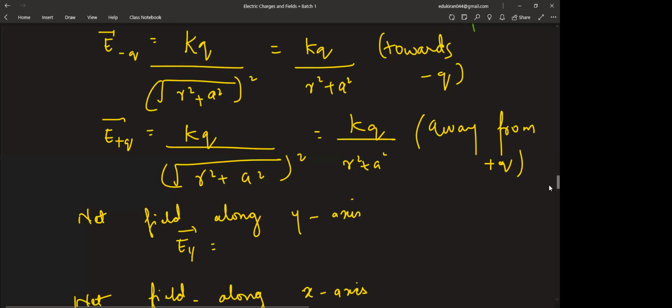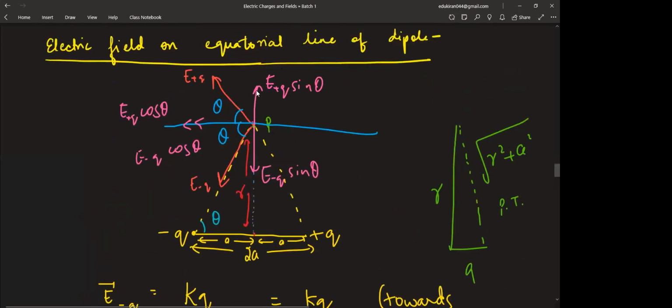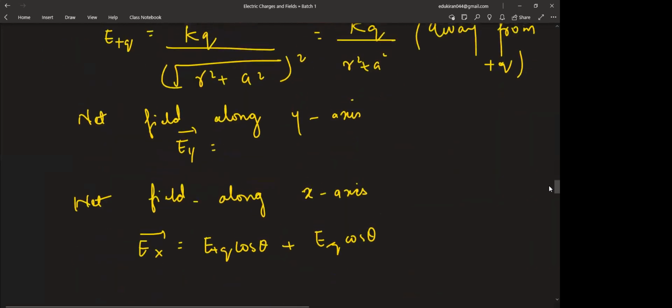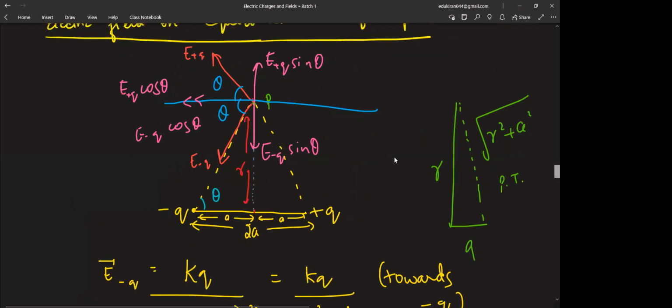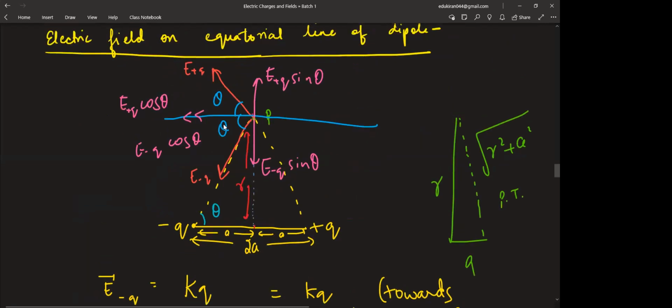Now, class, have a look at this. This sine theta, both are in opposite direction. So they'll cancel themselves. So E plus Q sine theta minus E minus Q sine theta, both are same. They'll cancel each other and make it 0. But what about cos theta? Both the cos theta, they are getting added in the same direction.